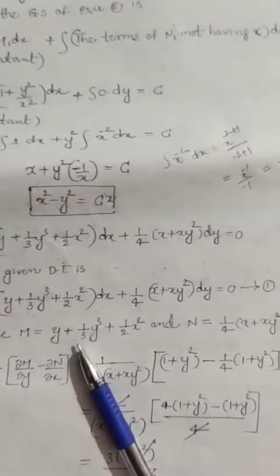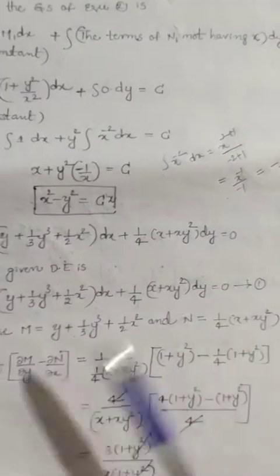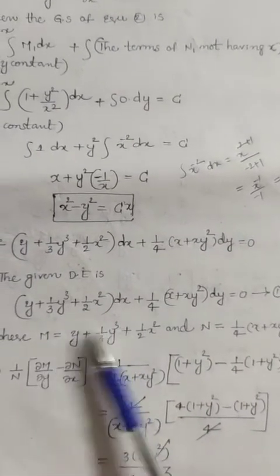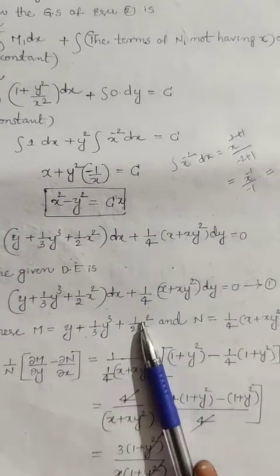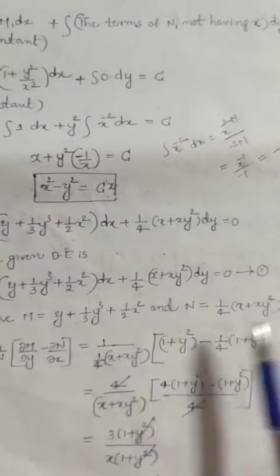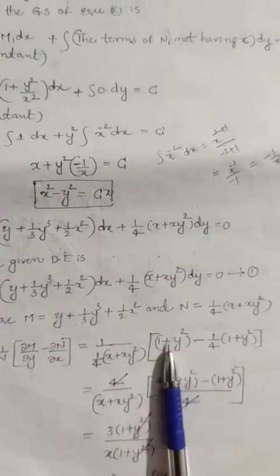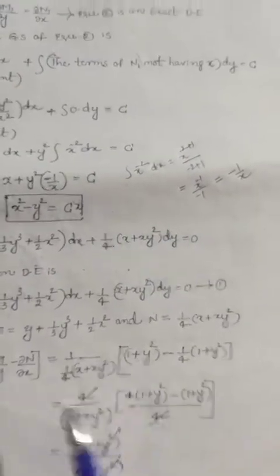So equation number 1 is in the form of m dx plus n dy equal to 0, where m equals y plus 1 by 3 y cube plus 1 by 2 x square and n equals 1 by 4 x plus xy square. Then we have to find out dou m by dou y and dou n by dou x.